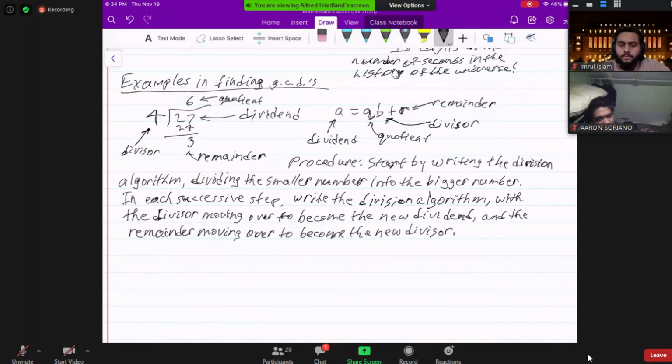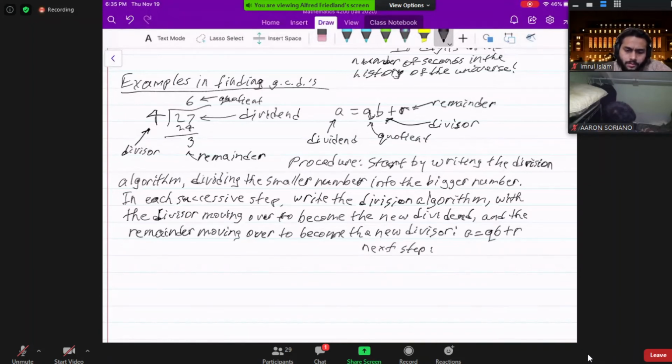So what I'm saying is this. If we start with A equals QB plus, say, R, the next step, the next division algorithm, the divisor, we're dividing by B. So here, up here, the divisor, right?